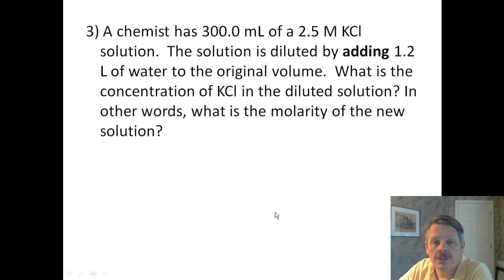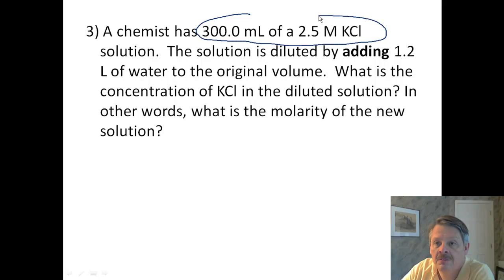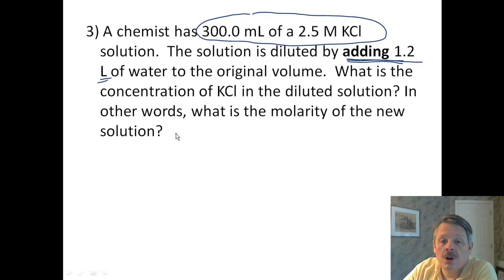Okay, let's look at number 3. We're given our initial information, and we're given our final information, but be very careful because we're adding 1.2, and notice it's also liters. So we'll do our work in milliliters. It really doesn't matter so long as we're consistent. So we're going to do M1V1 equals M2V2. Our initial molarity is 2.5 molar, and our initial volume is 300 milliliters.